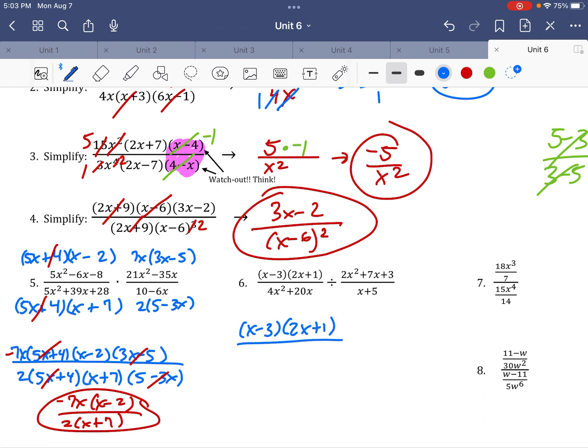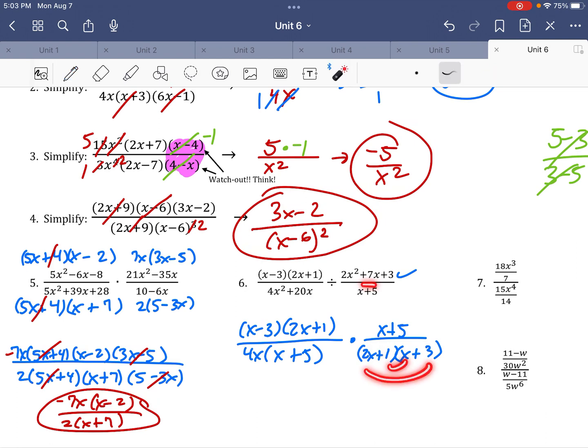In the numerator, I can pull a 4x out, which leaves me with x plus 5, times, now remember when you divide with fractions, you change it to multiplication, and the second one becomes the reciprocal, so it flips over. So x plus 5 goes up top, and on the bottom, I need to factor that as I go. So 2x and x, if I put a 3 and a 1, all positive, that works out to 6 and 1, which makes my 7.